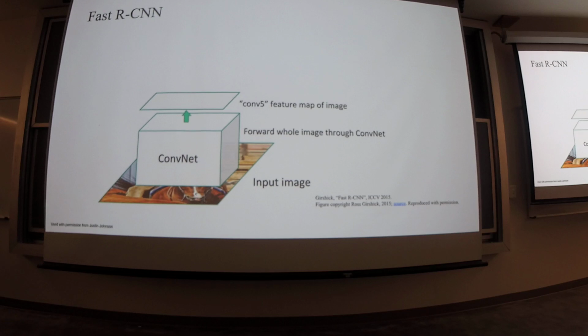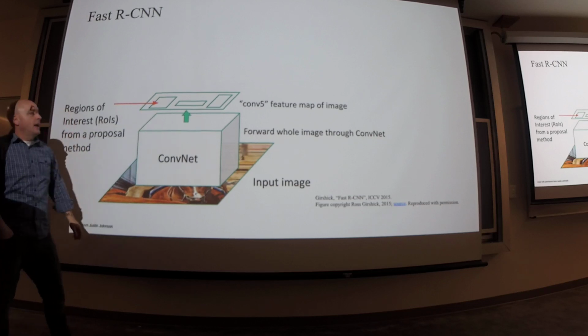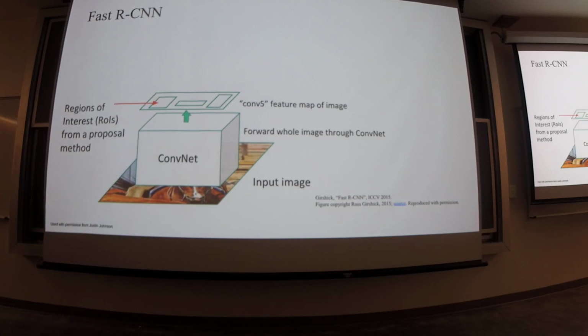We start with that, and then we do region proposal on that, not on the original image, but on the feature maps coming out of the conv5 layer. So already this is a lot smaller and possibly better features for detecting objects in the image.